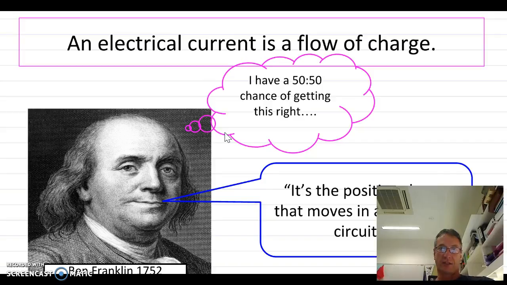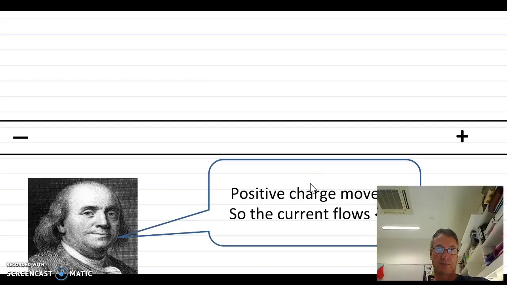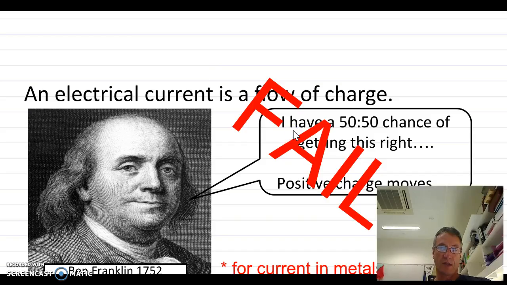When Benjamin Franklin started studying the flow of charge, he had no way of knowing whether the positive charges or the negative charges were moving in a wire. So they made a decision that it's the positive charges that move, and unfortunately got it wrong, as we now know that it's the electrons that move in a wire.